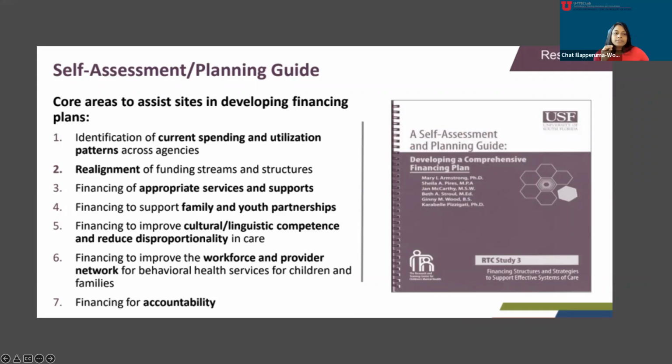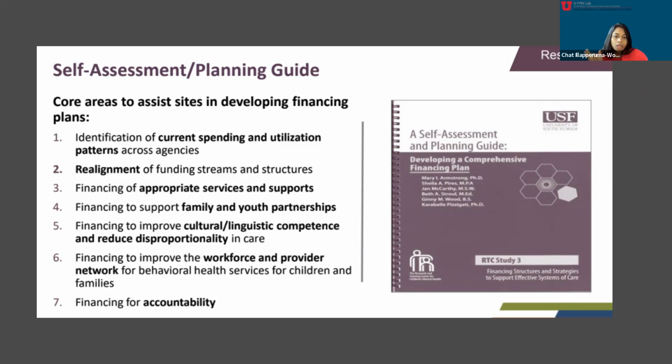So developing a finance plan, like I mentioned on the slide before, can really help guide a school mental health team's funding and sustainability efforts. This is a self-assessment and planning guide that was developed by the Research and Training Center for Children's Mental Health. It offers practical strategies and tools to help, for example, your team develop a comprehensive financing plan.